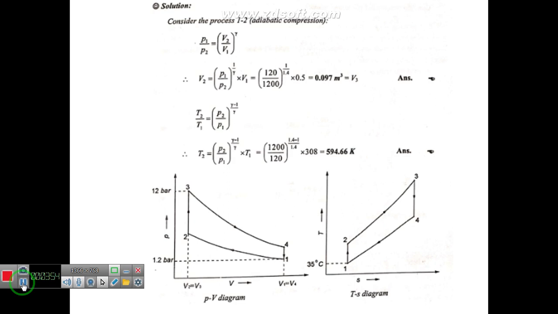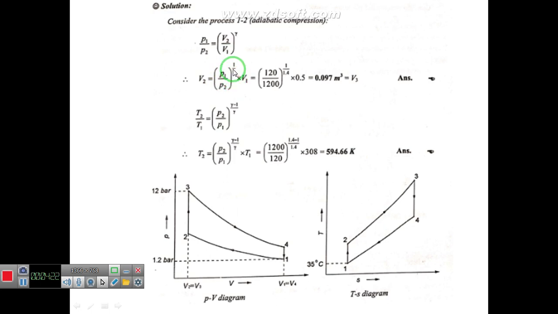In the first case we take the thermodynamic relation P1 divided by P2 equal to V2 divided by V1, power of gamma. In this relation we are finding the value of V2. P1 and P2 are already given in our problem.